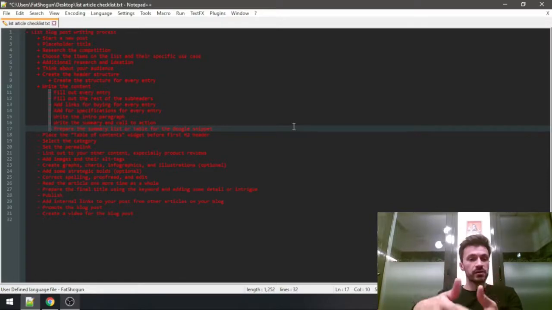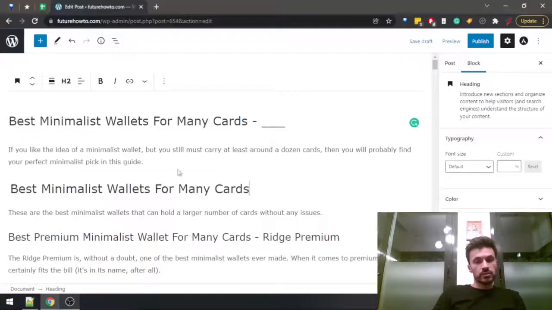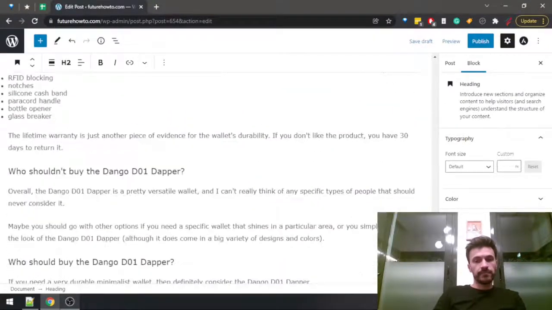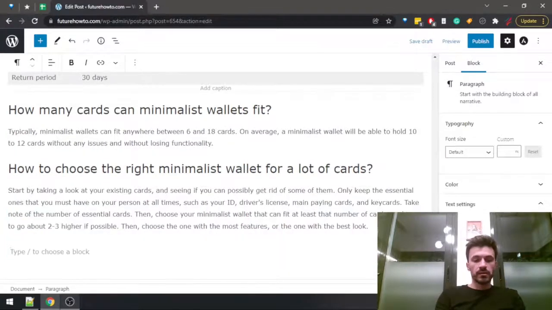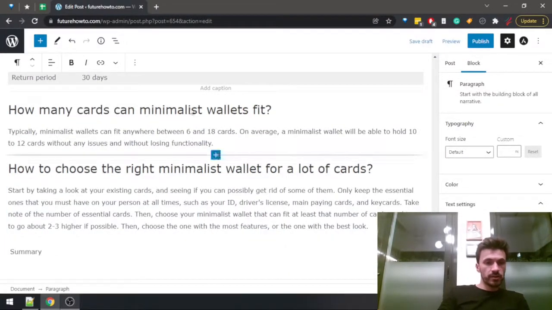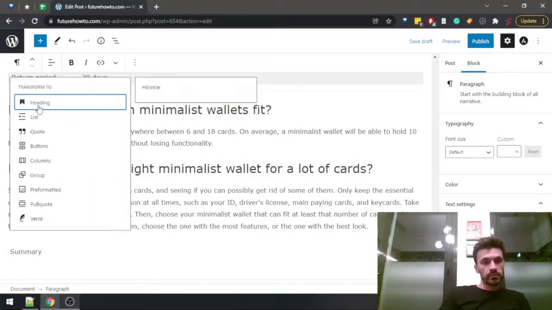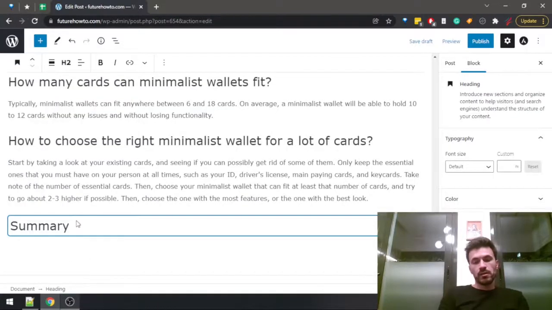We added the specifications. We wrote the intro paragraph. Oh, summary and call to action. Maybe we can do this. Yeah, that's another header that I usually like to add in here, and you're gonna see what's going on.